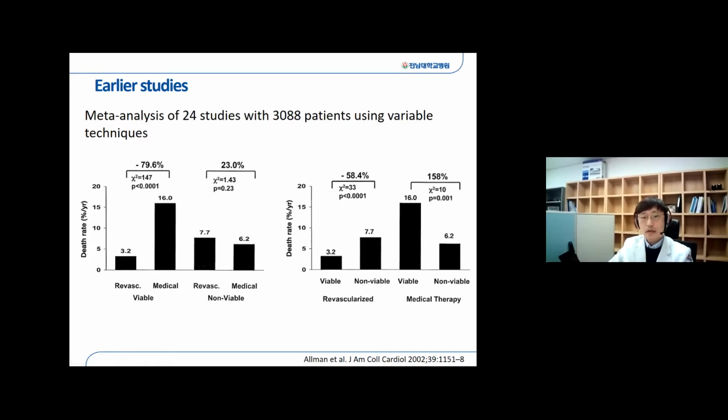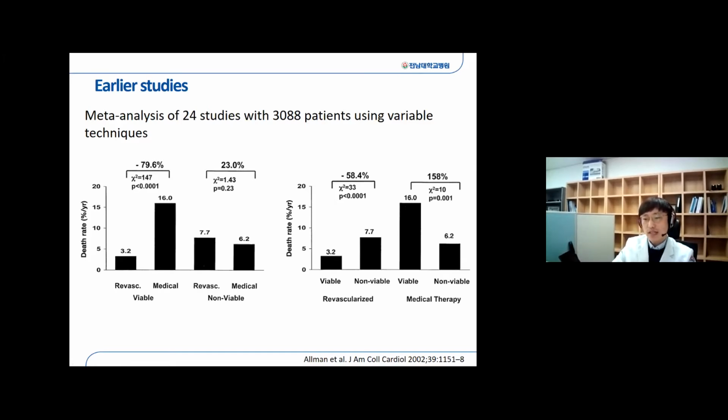So the point is, if the patient has viable myocardium, then do not leave it unrevascularized, but do the revascularization to improve the patient's prognosis.